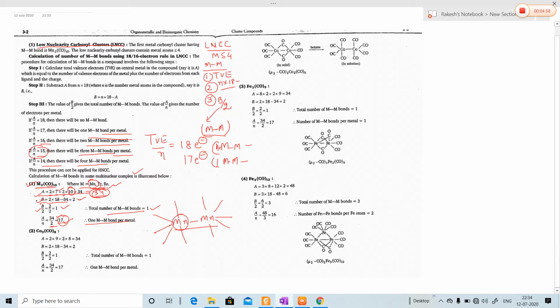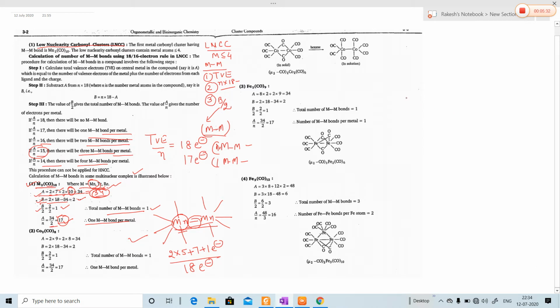There are 5 carbonyl molecules and each carbonyl will contribute 2, so 2 into 5 is 10, plus each manganese will have 7 electrons in their valence shell, and this single bond is shared by 2 manganese, and each manganese will get 1 electron for this bond. Then there are a total of 18 electrons. So in this way we can find out the structure of Mn2(CO)10.